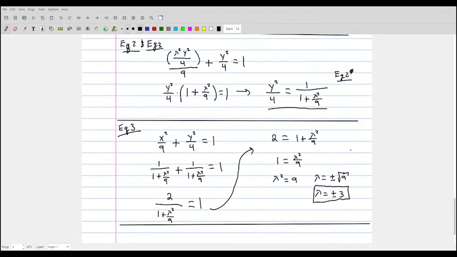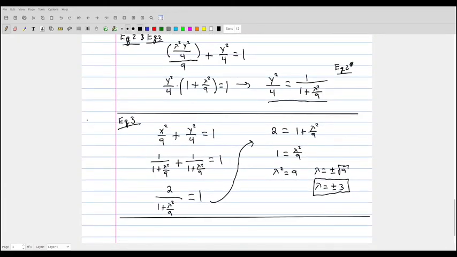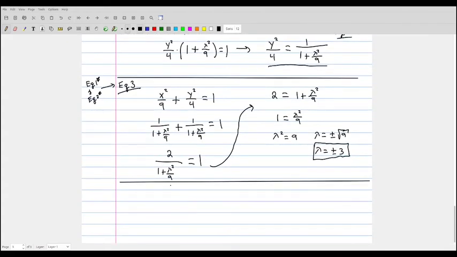So this last step was taking equation 1 star and equation 2 star and plugging them into equation 3 to solve for lambda, to eliminate both variables x and y.